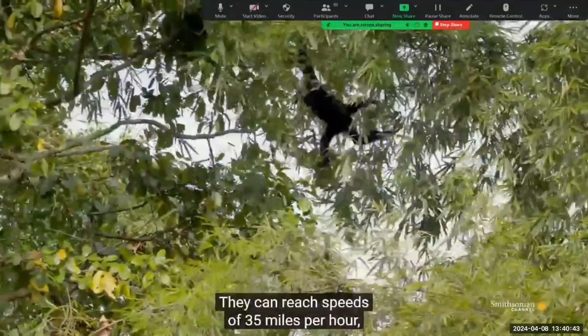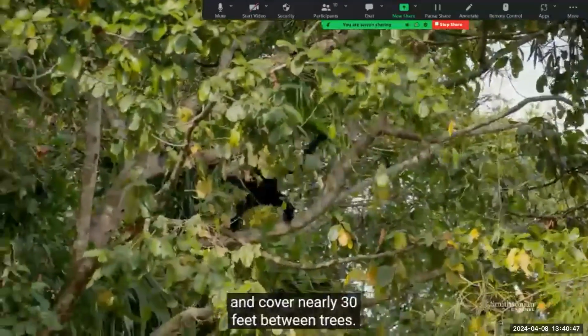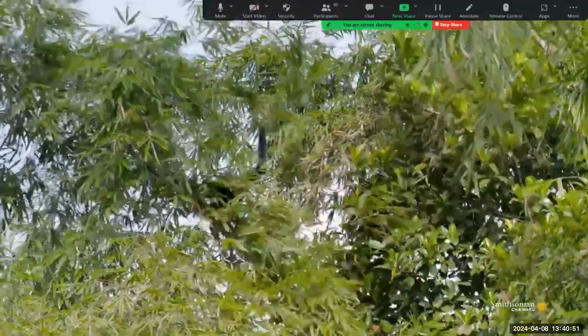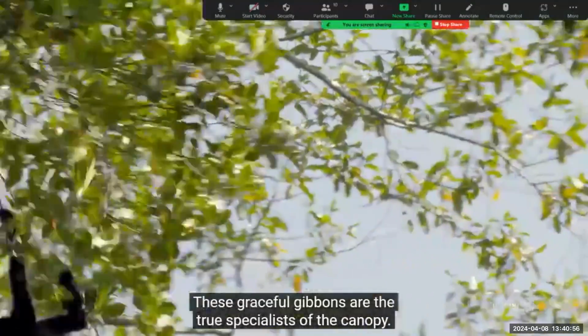They can reach speeds of 35 miles per hour and cover nearly 30 feet between trees. These graceful gibbons are the true specialists of the canopy.